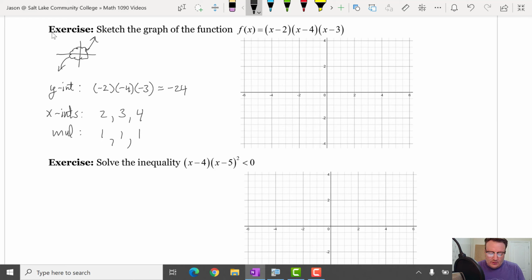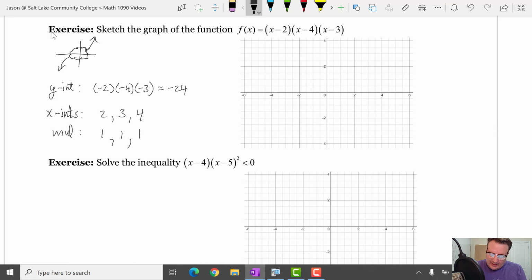So now that I've gathered all this information to graph the polynomial, I'm going to start by plotting the intercepts, and then I'll put in the arrows for the long run behavior, and then I have to use the multiplicities to write in my crib notes on my zeros, and then finally connect everything with a smooth line.